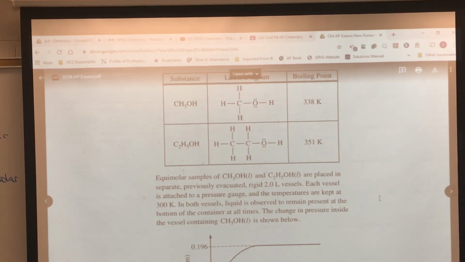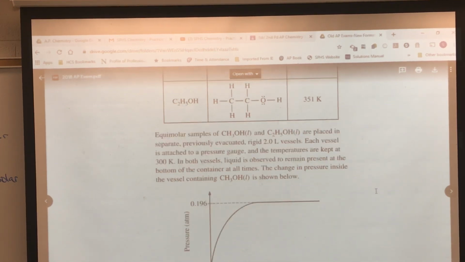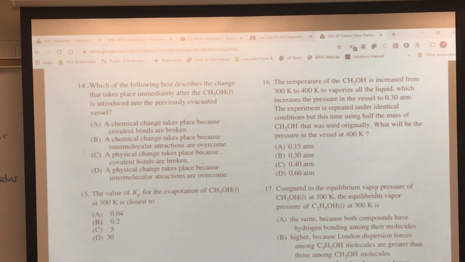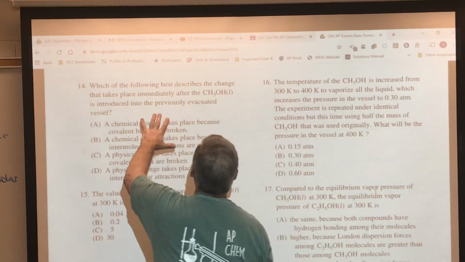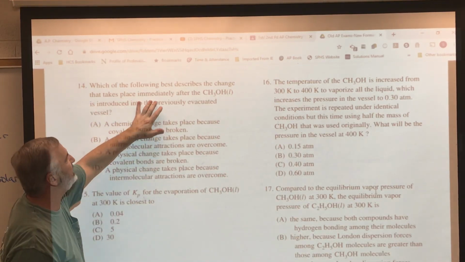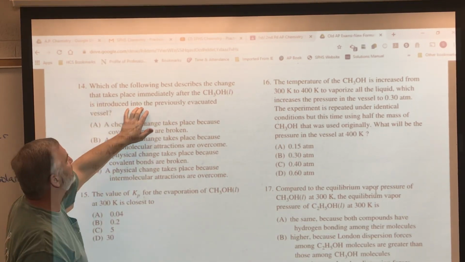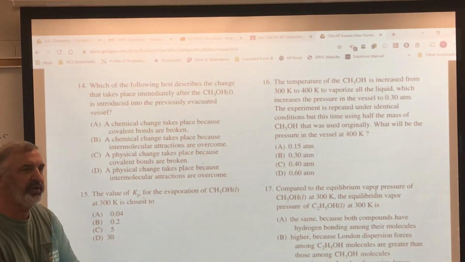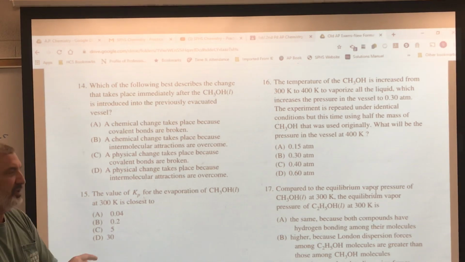I wish I could advance this, but I can't. So you have that graph in your brain, it went up to 0.196. Which of the following best describes the change that takes place immediately after the methanol is introduced into the previously evacuated container? This is what I'm talking about. So you put the liquid in.